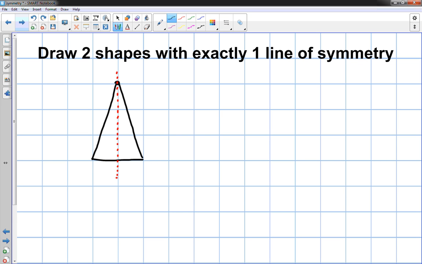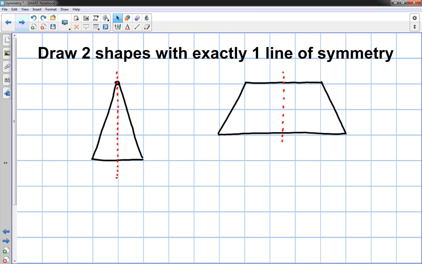Can you think of another? I wonder if I can think of another. Oh yeah. How about a trapezoid? It has one line of symmetry.